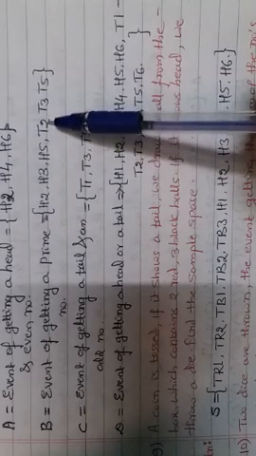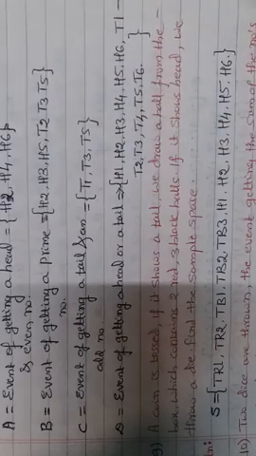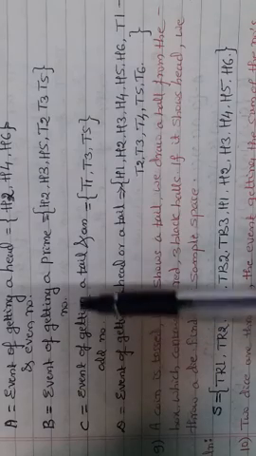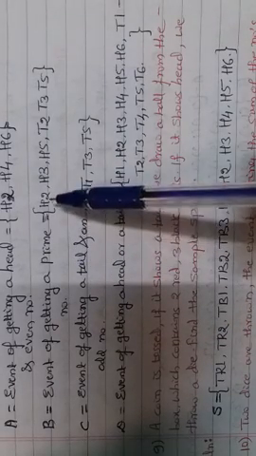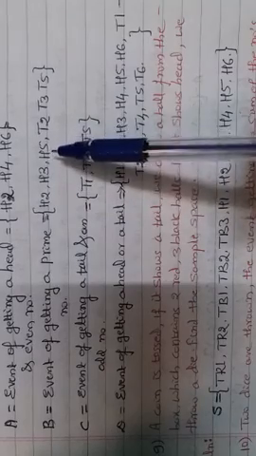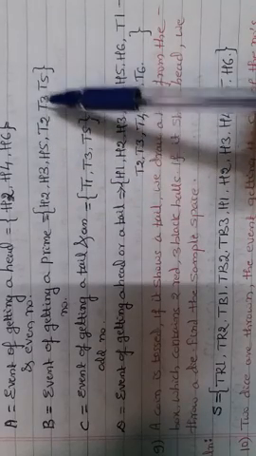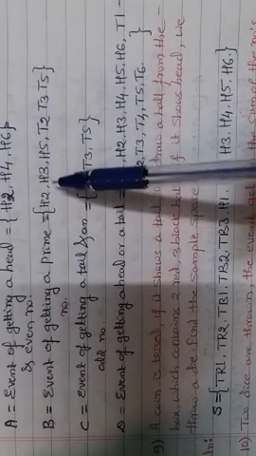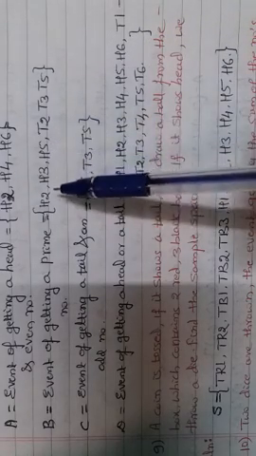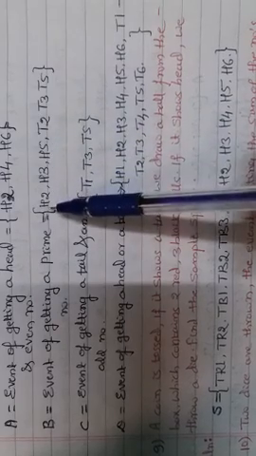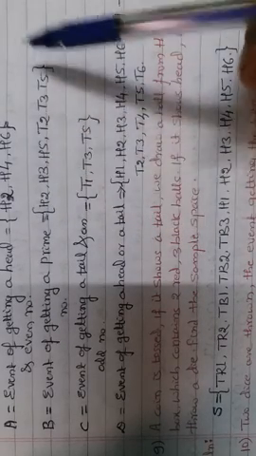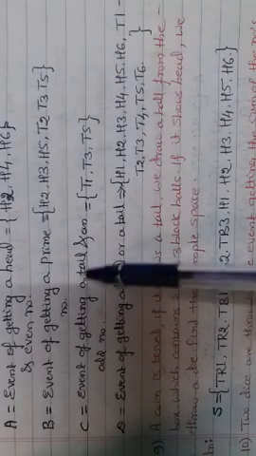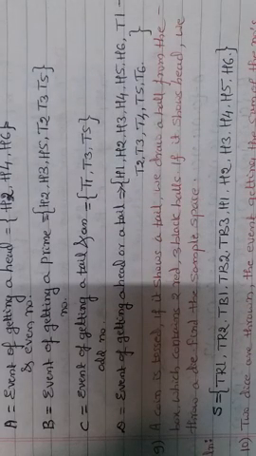Hence, T2, T3, T5, like this. Event of getting a prime number: H2, H3, H5, T2, T3, T5. I have selected 3 prime numbers, 2, 3, 5, but 3 times head appears, 3 times tail appears. Hence, this is the event of getting a prime number, B.